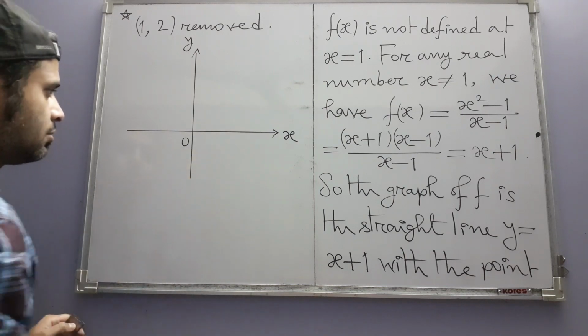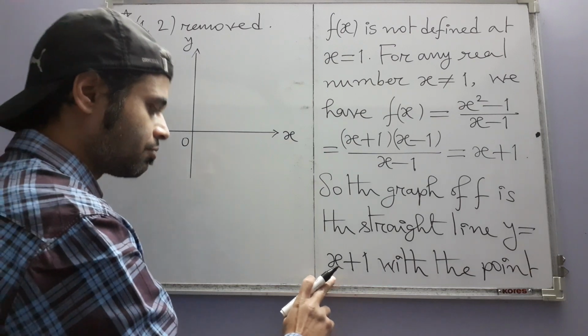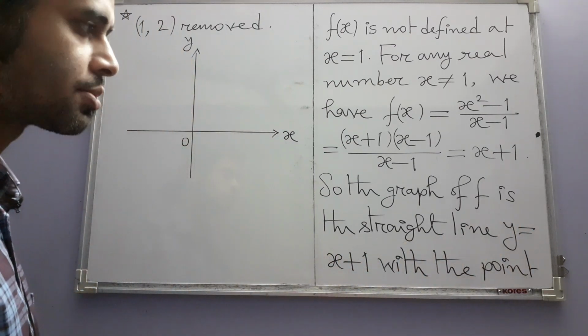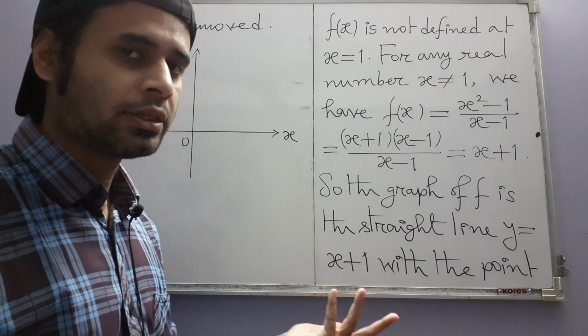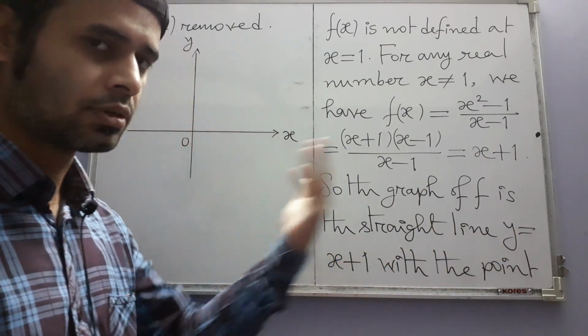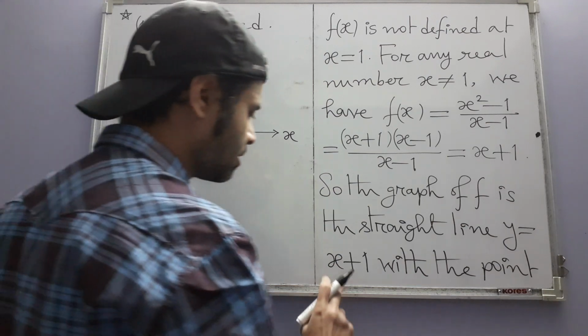Here we have the origin. So we just have to draw. First of all, let us just simply draw the line y equal to x plus 1, and to draw it you just need 2 points, because you already know that this is a linear equation. So the figure is going to be a straight line.